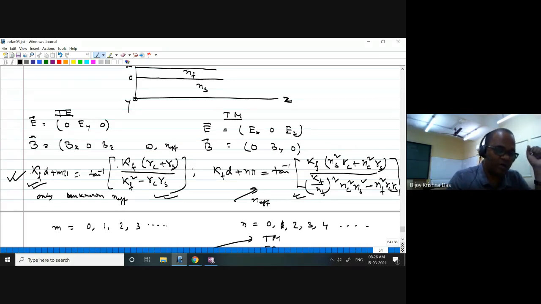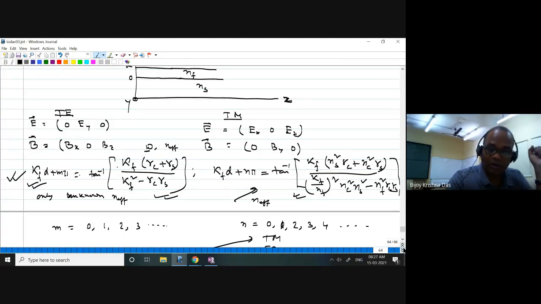In kappa F also omega is there, N effective is there, and then NF, NS, all those things are there. If I change omega, the N effective solution will be different for a given D, NF, NS, and NC. So that means N effective must be frequency dependent.